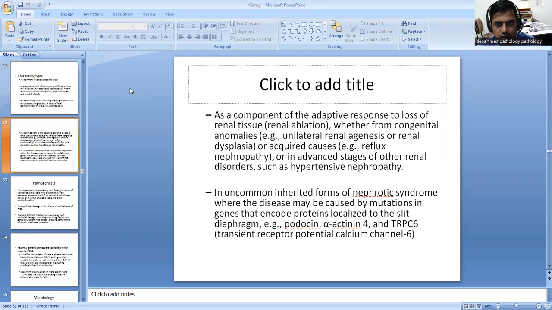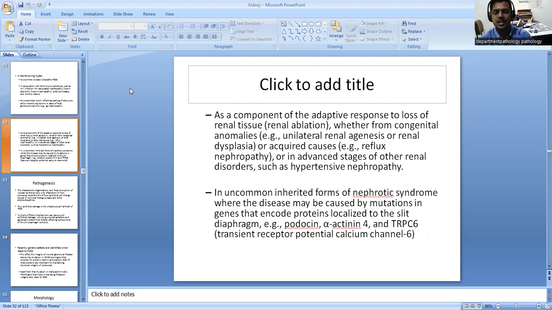As a component of the adaptive response to loss of renal tissue, that is renal ablation, whether from congenital anomalies, example unilateral renal agenesis or renal dysplasia, or acquired causes, example reflux nephropathy, or in advanced stages of other renal disorders such as hypertensive nephropathy. Okay?